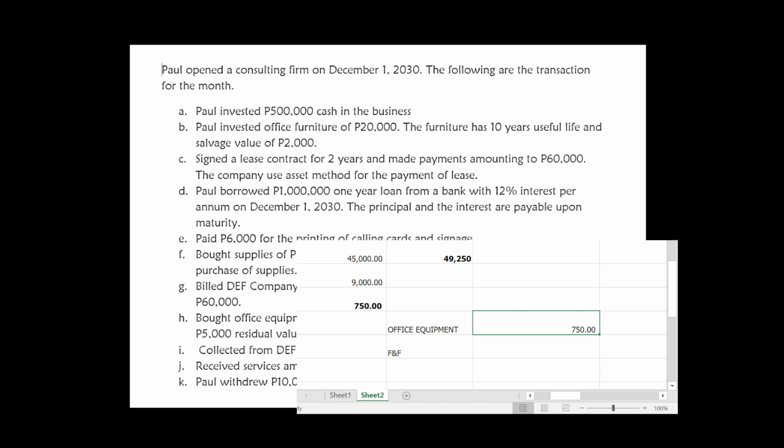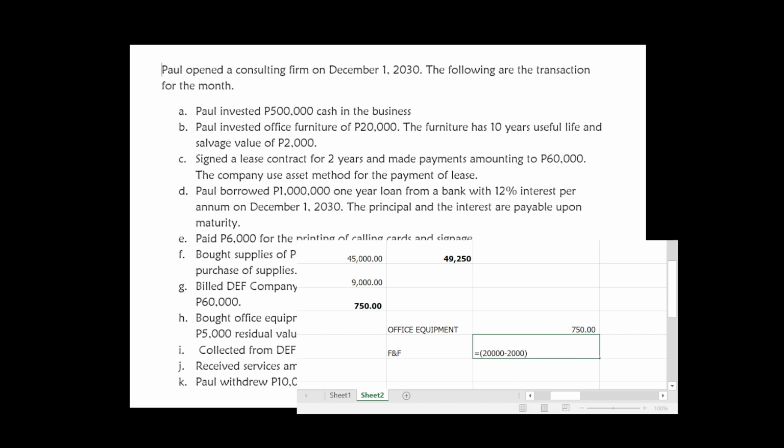Okay, so again, yung computation natin, cost of 20,000. Ibawas natin yung 2,000 na ating salvage value or residual value. Ibig sabihin, 18,000. So, yun yung ating depreciable amount.